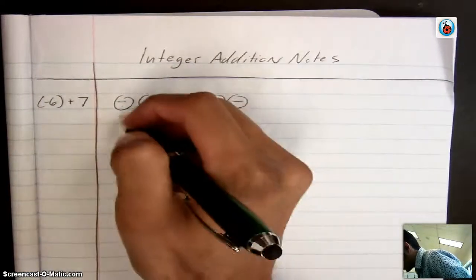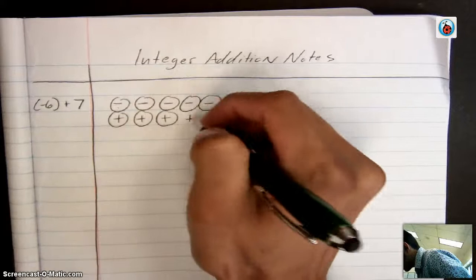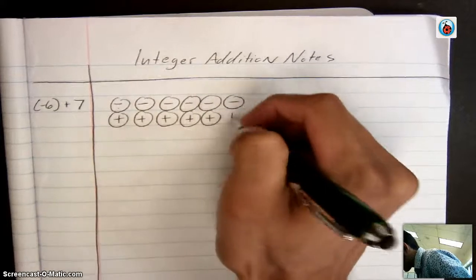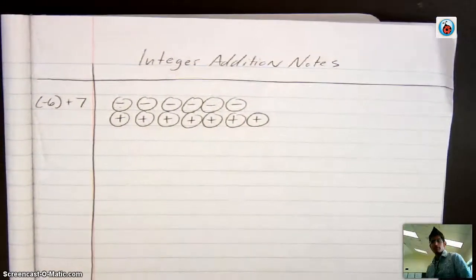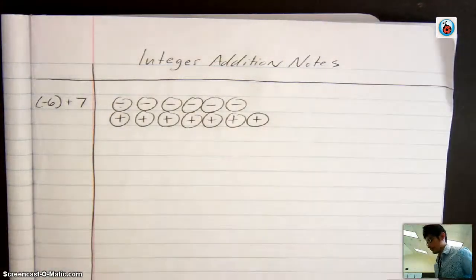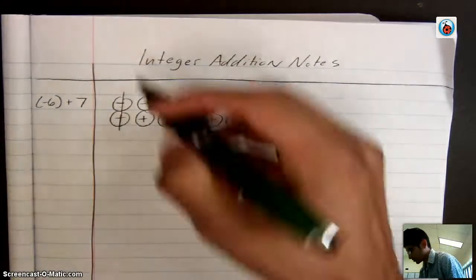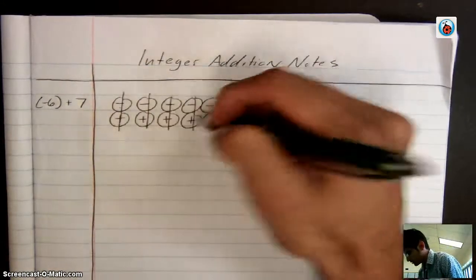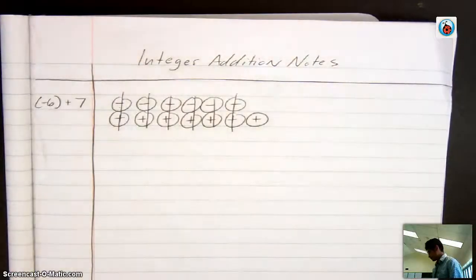Then I'm going to draw 7 positives. And then we are going to look for our zero pairs. If you don't remember what a zero pair is, watch the video before this one or look back in your notebook. A zero pair is a negative and a positive. So I have a negative and a positive here, and that's going to make 0. I'm just going to cross out all of my zero pairs, and I'm left with positive 1. So -6 plus 7 is positive 1.